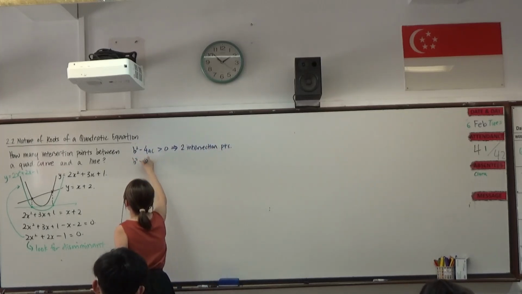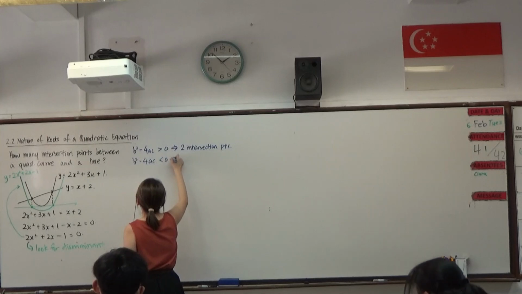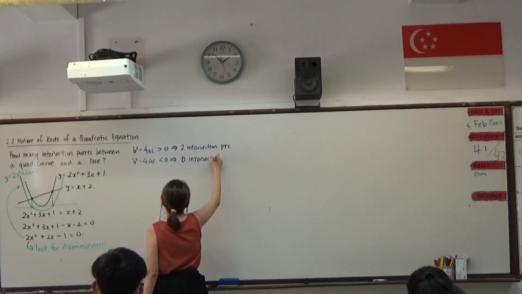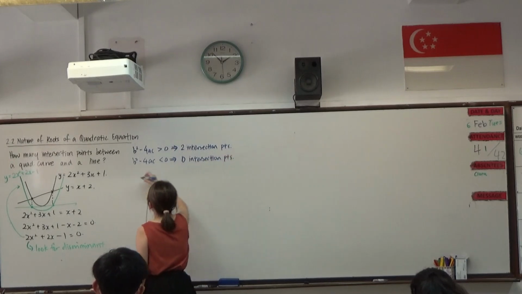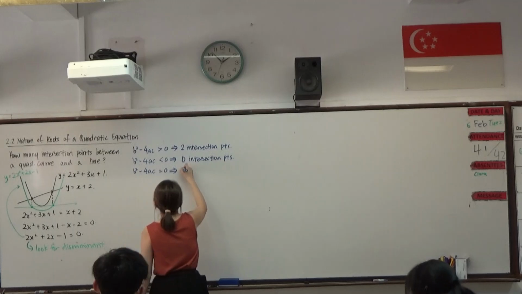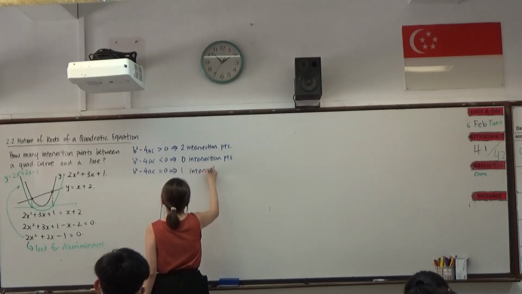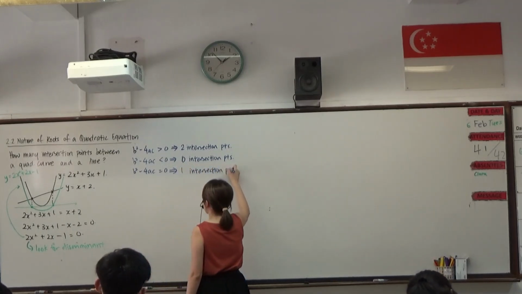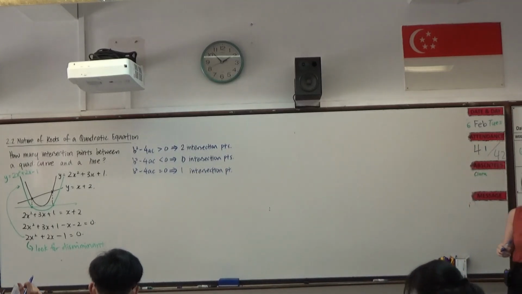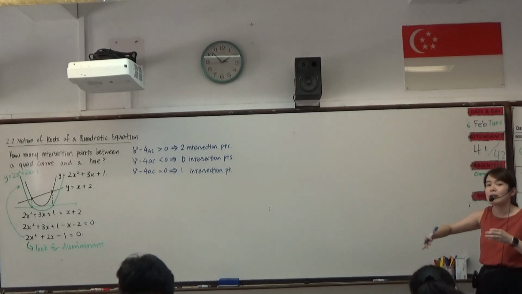When it is less than 0, we have no intersection points. And when it is equal to 0, there is one intersection point. It is parallel to our understanding of how many roots a quadratic equation has.